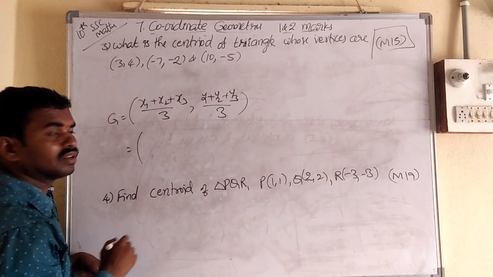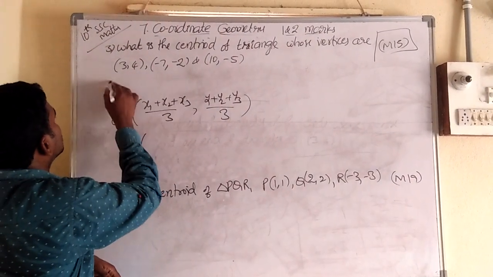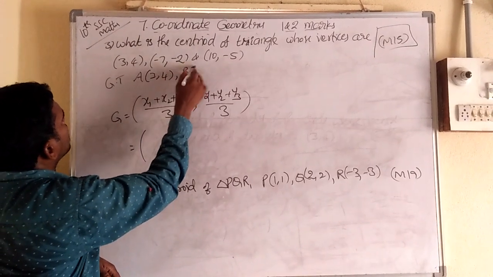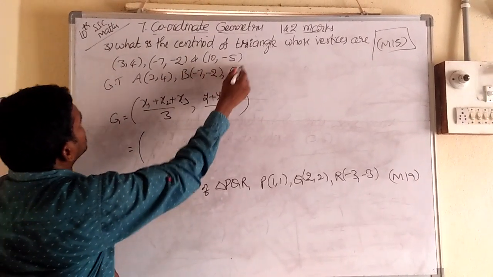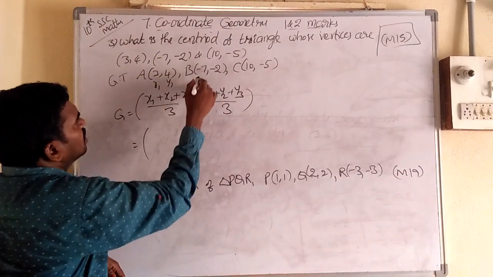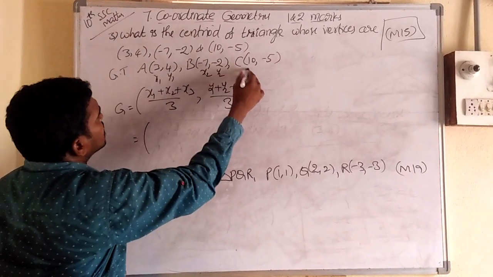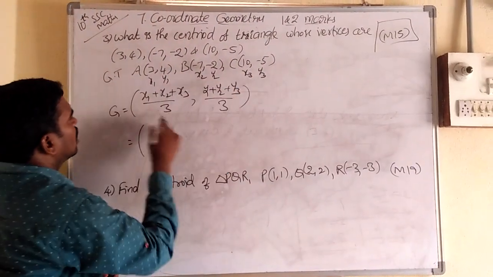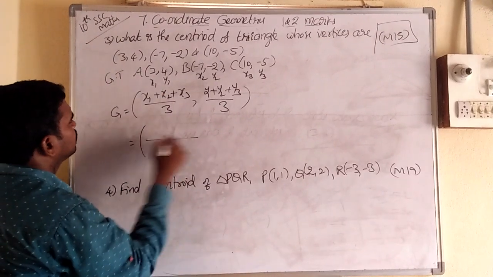What are the given points? Let us take A (3, 4), B (-7, -2), C (10, -5). I am taking this as the first point x1, y1, this is x2, y2, this is x3, y3. Now what is x1? 3.